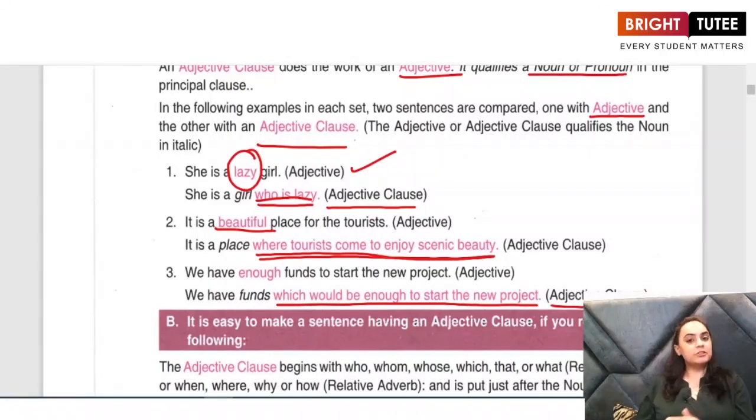So, in all the three sets of examples that we've read, in the first sentence, we described my noun or my pronoun using just one single word, which was an adjective. And in the second sentence, I described my noun or pronoun using a group of words, which was a clause. So, an adjective clause.